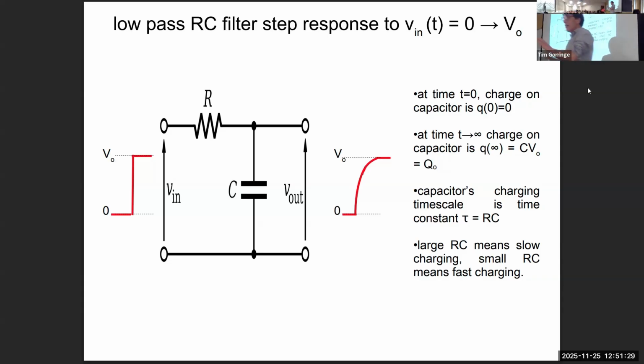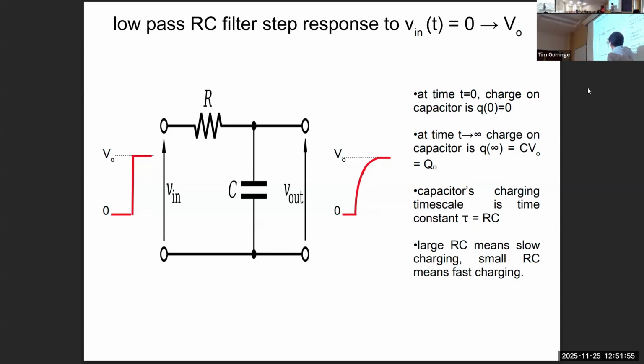So this is the step function description of the filter, where you put in a step function, you get out a filtered version of the step function. And in this case of the low pass filter, what you see is the time constant in the output side. You see the time constant of the filter.